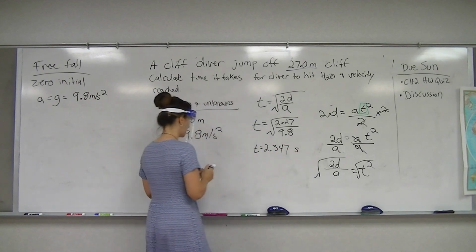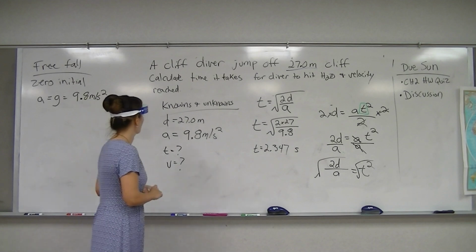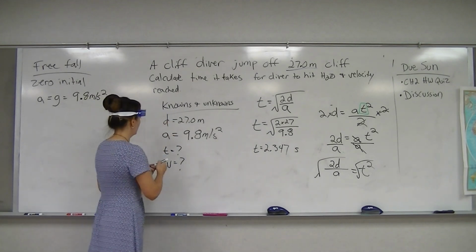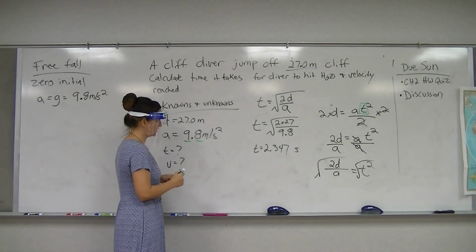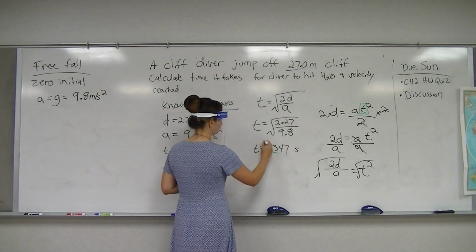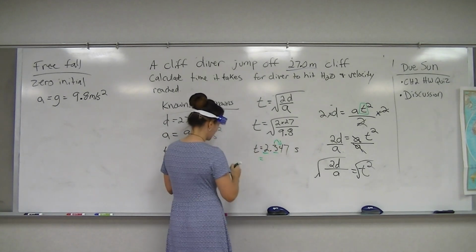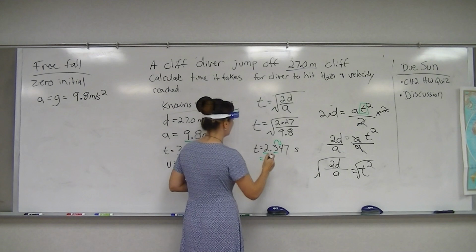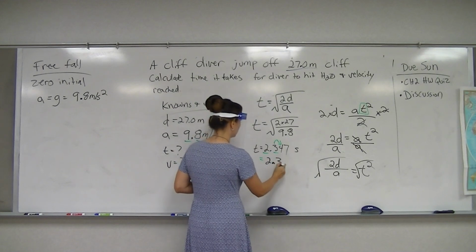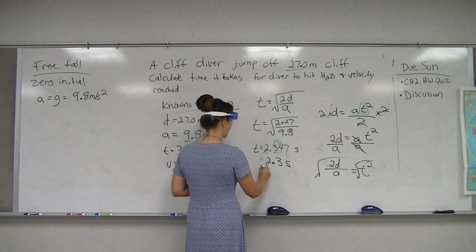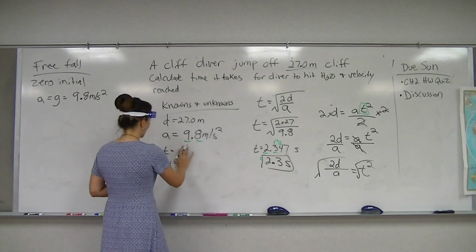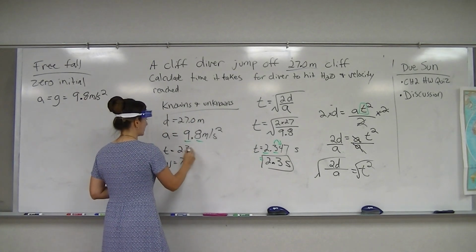Obviously, I need to look at my sig figs. Acceleration has 2. You just want 2. It's going to be 2.3. Units are going to be seconds. So it took that diver 2.3 seconds to reach the water.